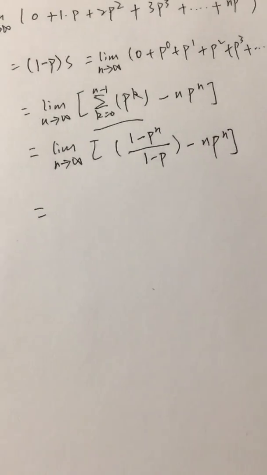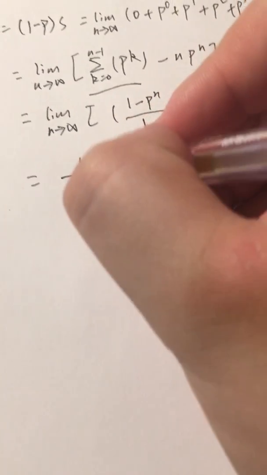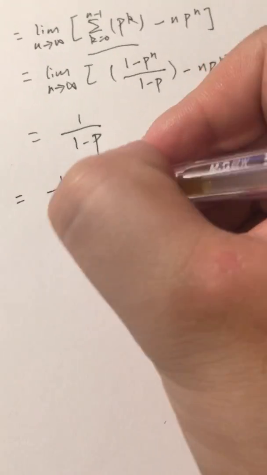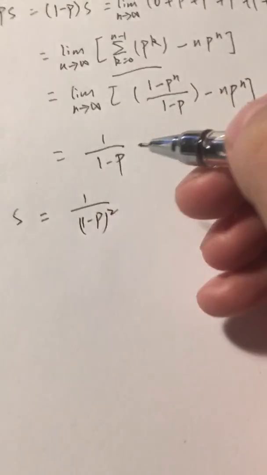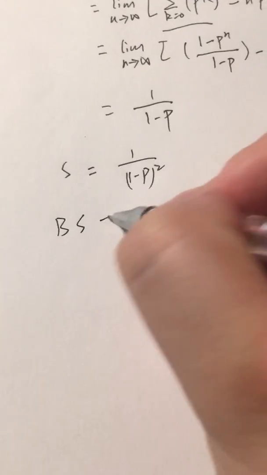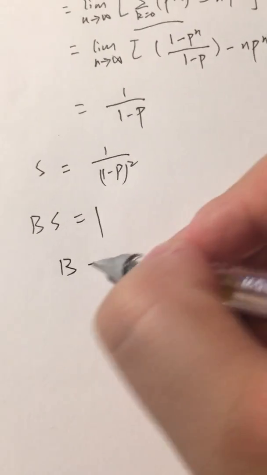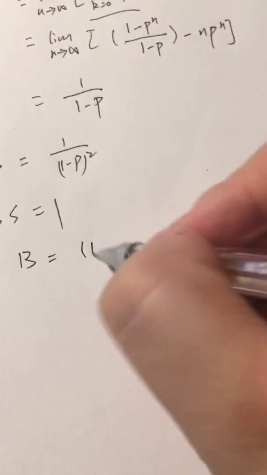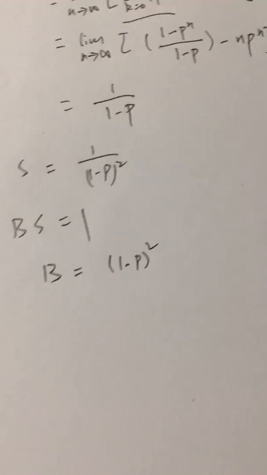Because p is less than 1, we get the result 1 over 1 minus p. So s is 1 over 1 minus p squared. Then we know that b times s equals 1, so b is 1 minus p squared.